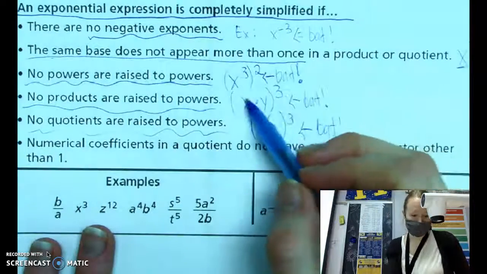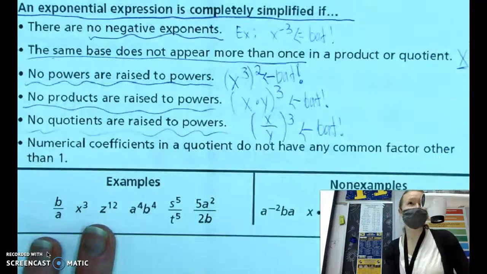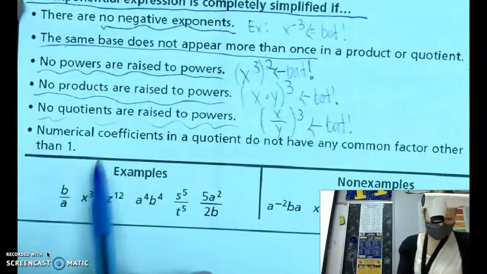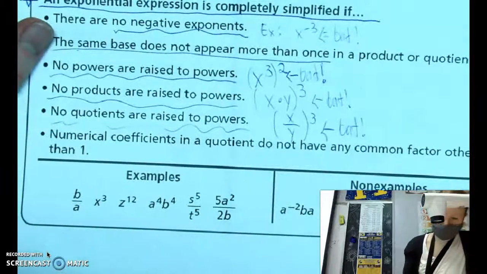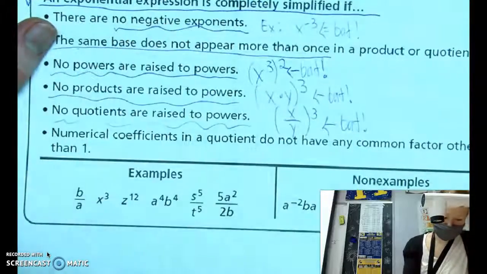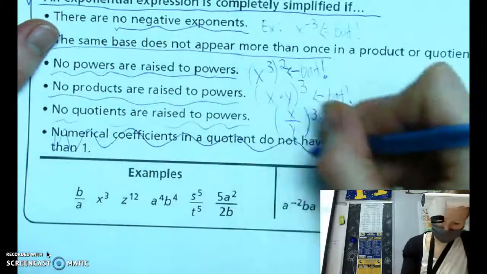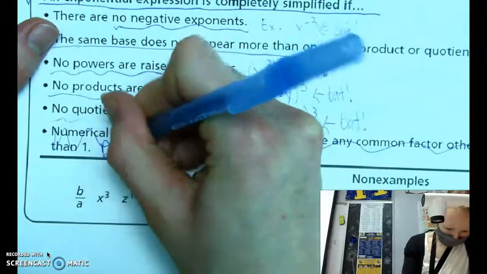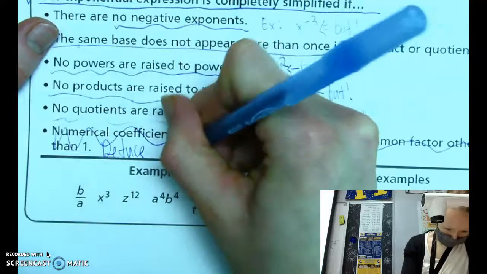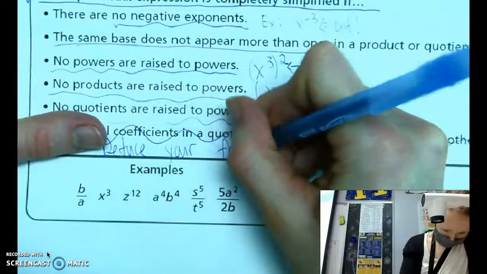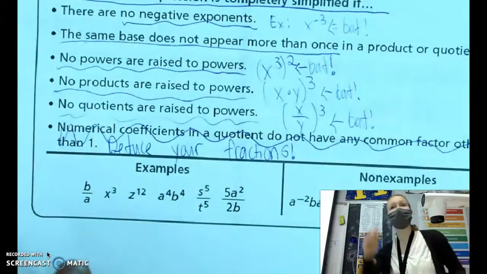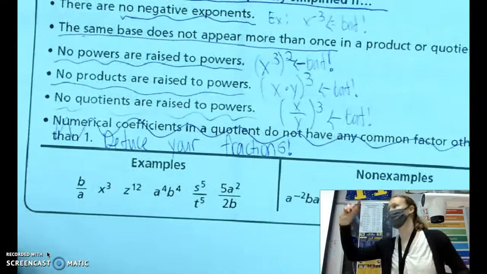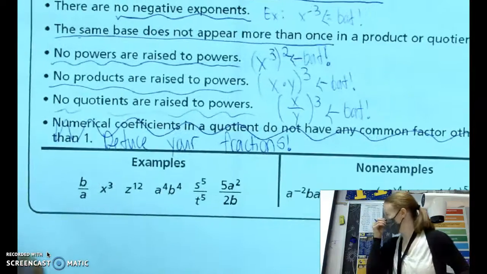So we're going to do the same thing up here. We'd have to distribute that 3. Anyway, numerical coefficients and a quotient do not have any common factor other than 1. This is basically just saying reduce your fraction. So like on the homework where you had -3 over -6, you have to reduce that.